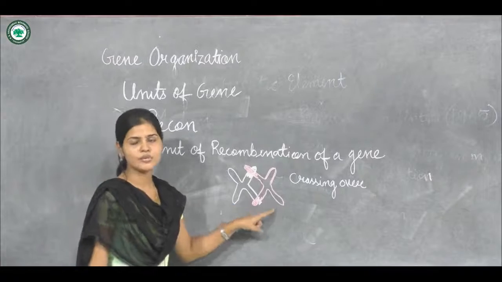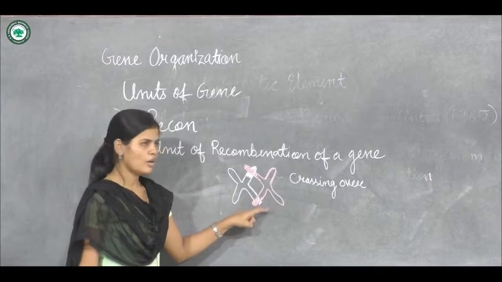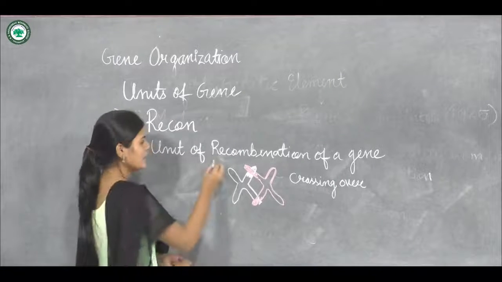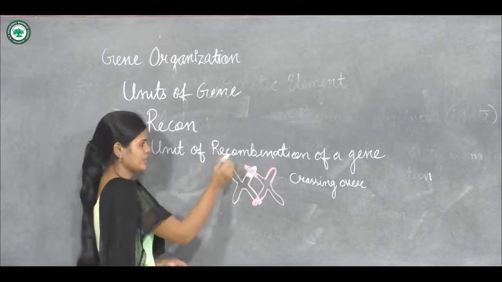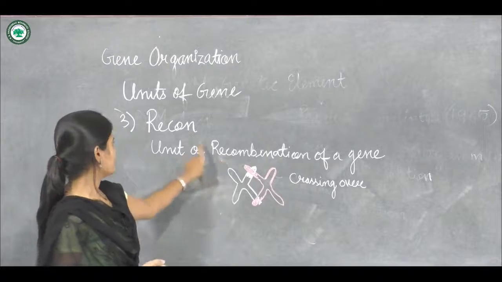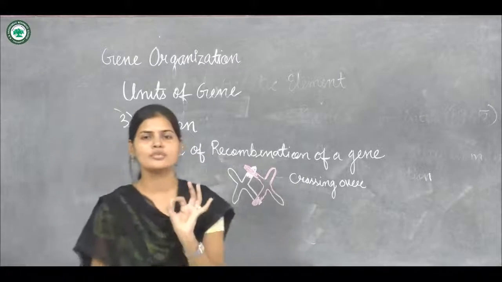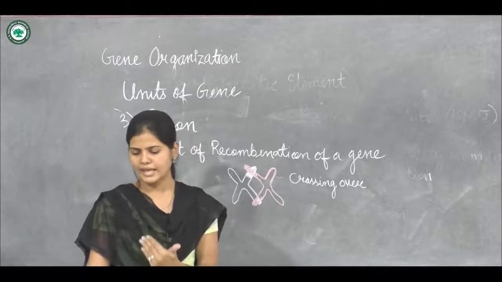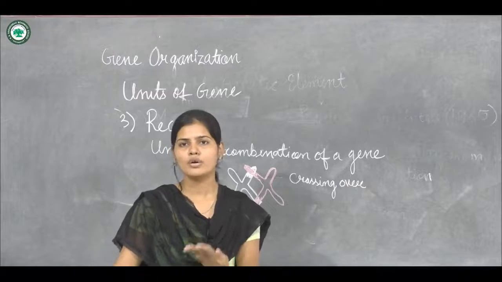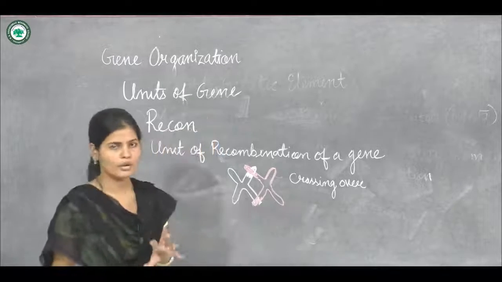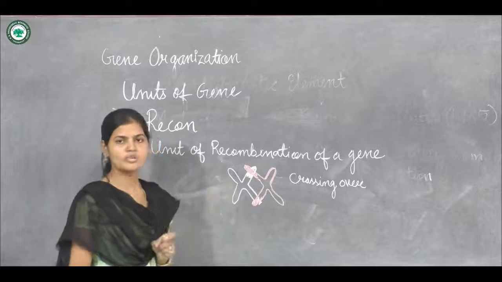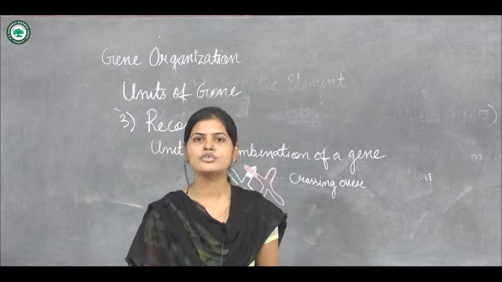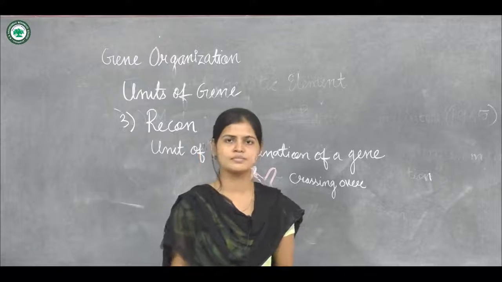It occurs during the pachytene stage of cell division, and it will result in recombination of a gene. So the recon is the smallest unit of a gene where recombination can occur, and there may be one or more than one recon in a cistron. So this is about gene organization and the units of a gene. Thank you.